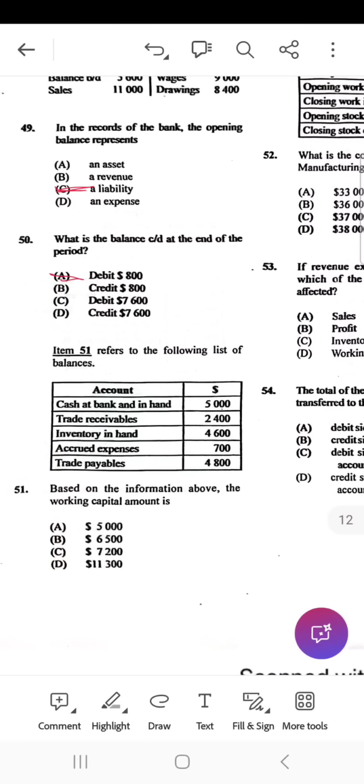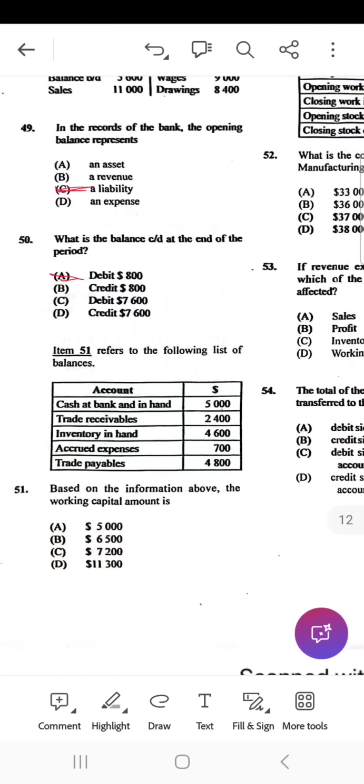Number 51 refers to the following list of balances. Based on the information above, the working capital will be your current assets, take away your current liabilities. My current assets here will be my cash at hand and bank, trade receivables, and inventory at hand, which adds up to 12,000.